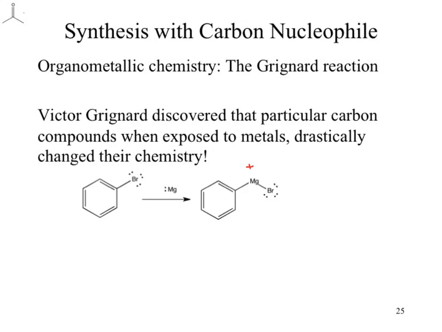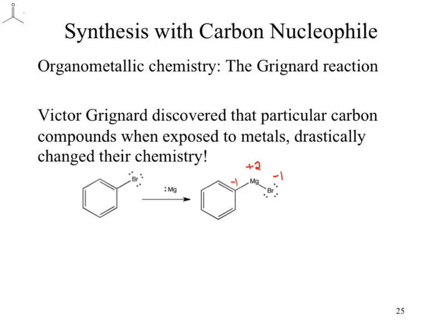What charge does magnesium carry? It carries a +2 charge. What charge does a bromide carry? -1. Uh-oh, our charges don't balance. Where does it balance? The carbon carries a -1. There's our nucleophile.